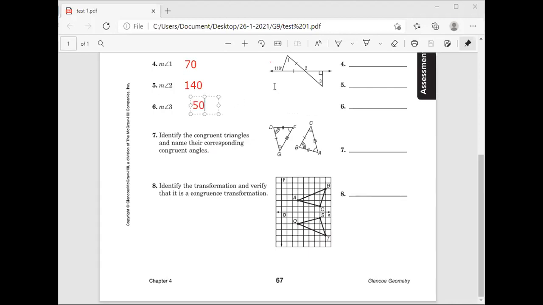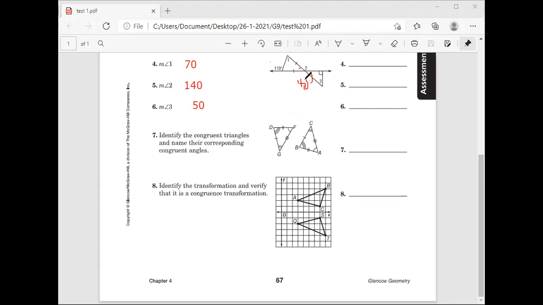Why will it be equal to 50? Let me explain. We said that this angle equals 40, right? This one equals 40, so the vertical angle should be equal. It equals 40, right?